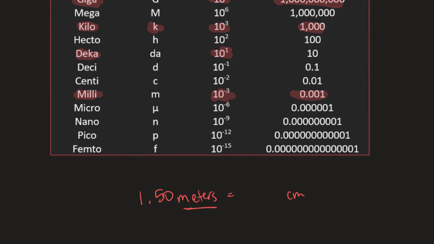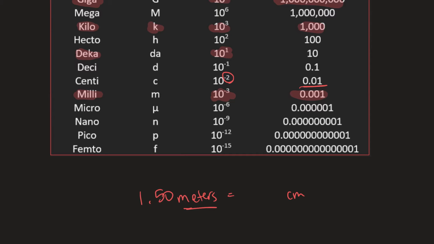When we look at centimeters, for every 1 base unit there are 100 centimeters. Another way to look at it is that the exponent tells you how many times you can move the decimal from the base unit.